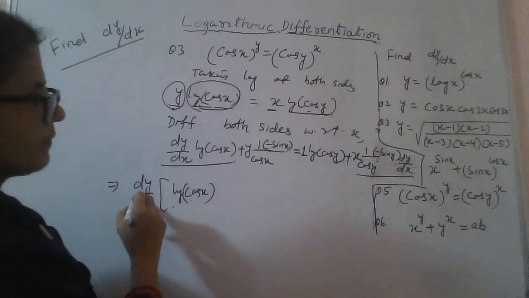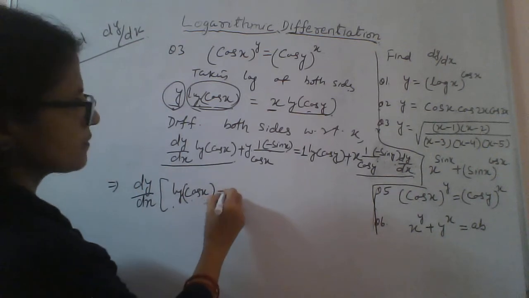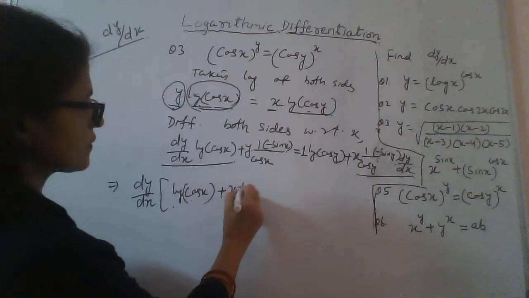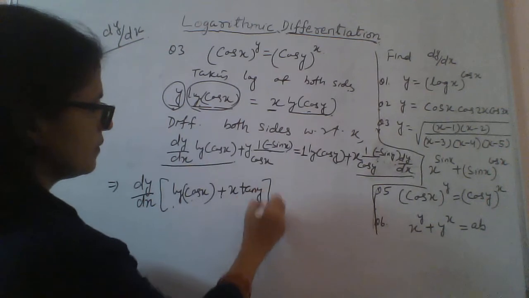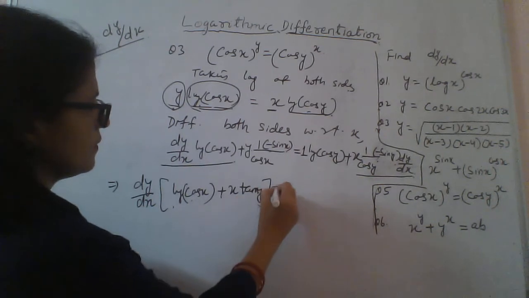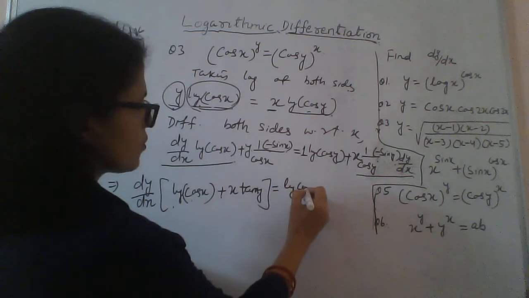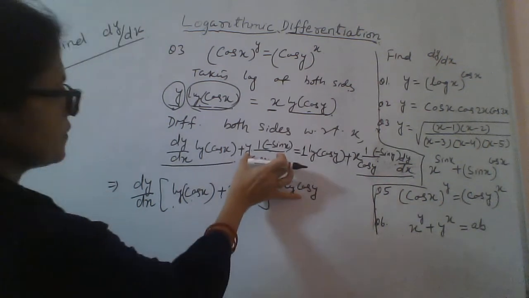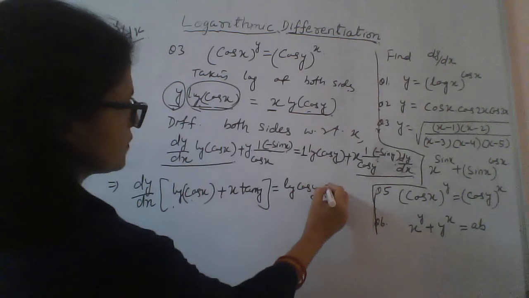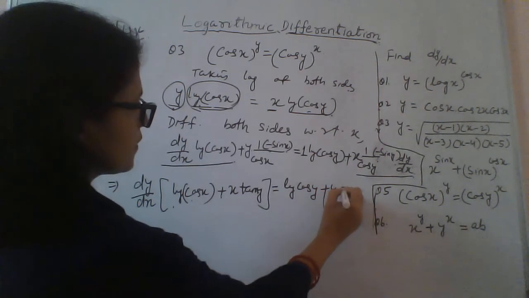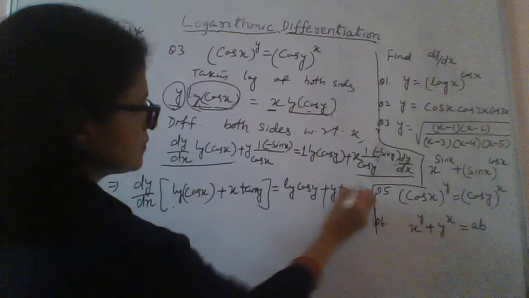So taking dy by dx here, it is plus x tan y. This is equal to log cos y, this term will go to that side, plus y tan x.